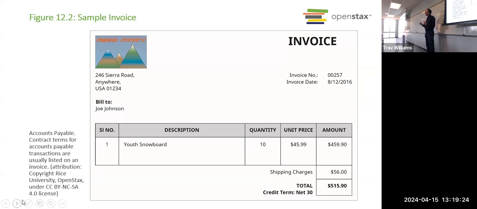So having documentation is critical when you go back to make your financial statements, to prepare your taxes. If you're getting audited, you need to have that documentation, like invoices, so you know exactly what happened. So any questions or comments so far?